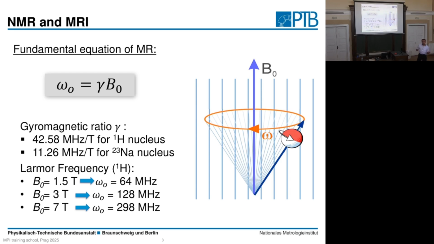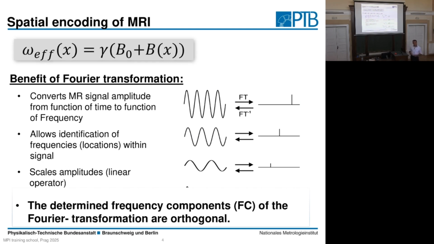This brings us to the idea: if it depends on the strength of the magnetic field, can we, if we apply a gradient field, decide from which position the signal is coming? And so it is done in principle. We have an effective frequency which consists of a homogeneous B0 field and a gradient field.